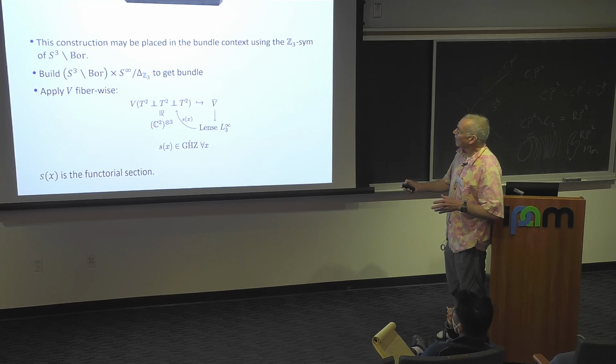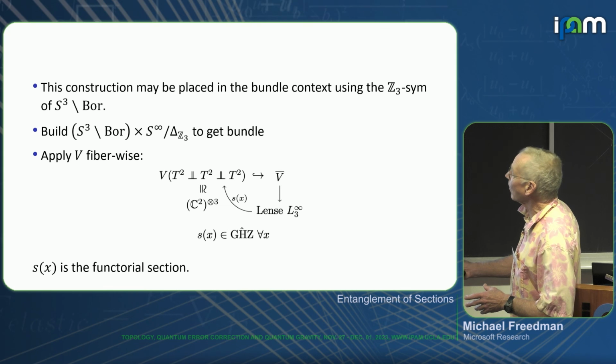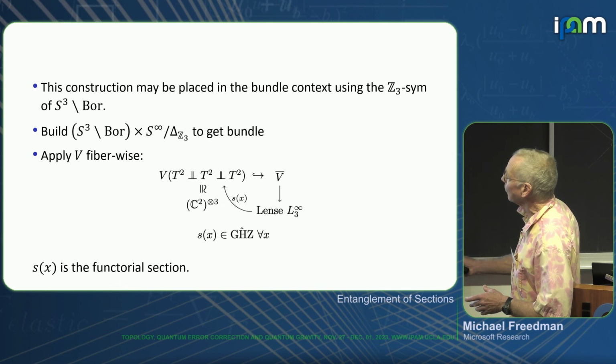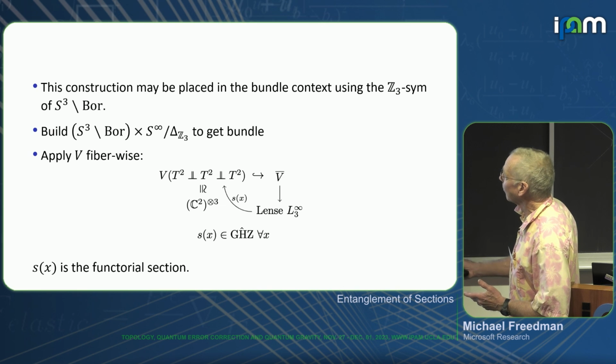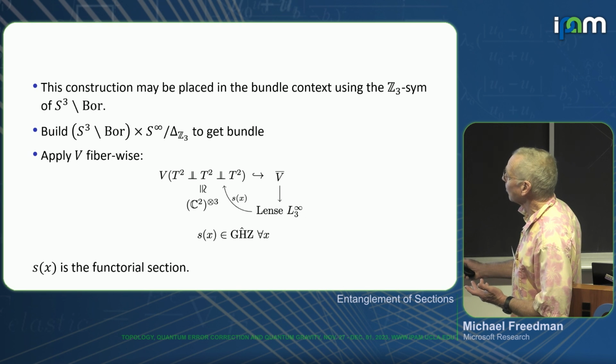And when you act diagonally on this product, you get a bundle over this lens space whose fiber, on the boundary, is the disjoint union of 3 tori. In the bulk, it would be the 3-manifold. But if you apply the functor fiber-wise, what you have is a bundle of 8-dimensional Hilbert spaces lying over the lens space, and this is its total space.